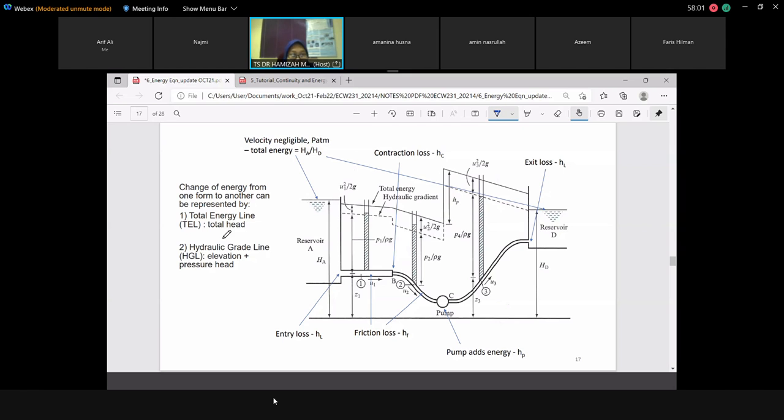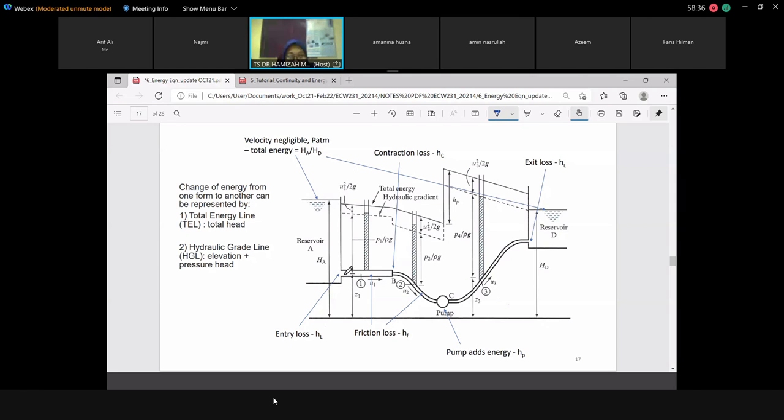Okay, and then this design also provides the hydraulic grade line, HGL. It represents the elevation plus the pressure head. Okay, yang dotted line ni represent hydraulic grade line. Okay, so dia represent elevation. Okay, another part, you can see here, there is a losses daripada tank nak pindah kepada pipe. So kat kawasan ni ada losses.